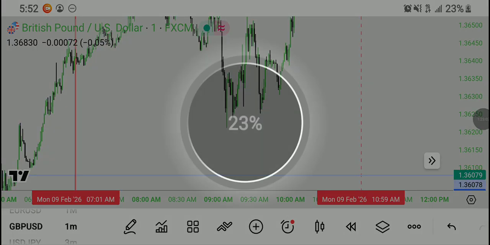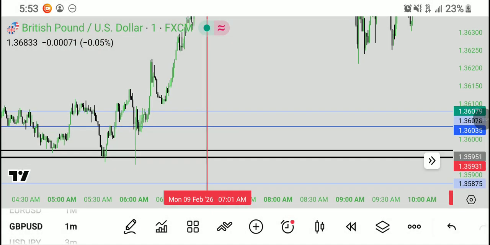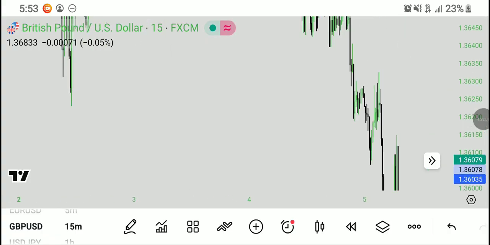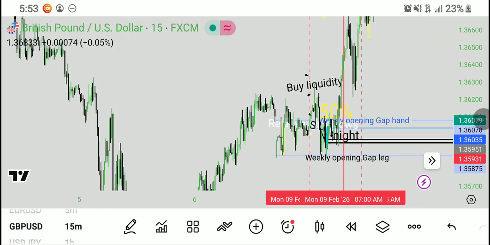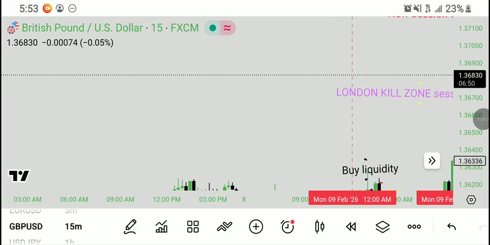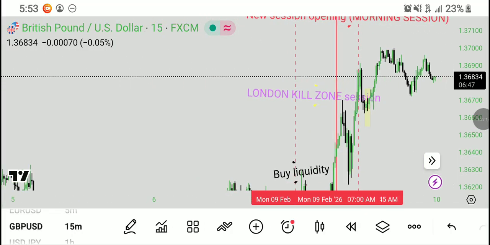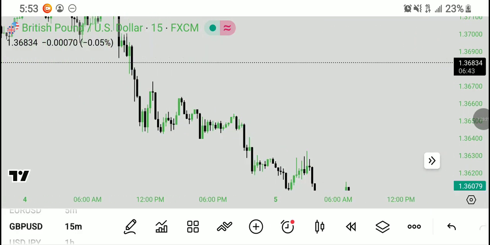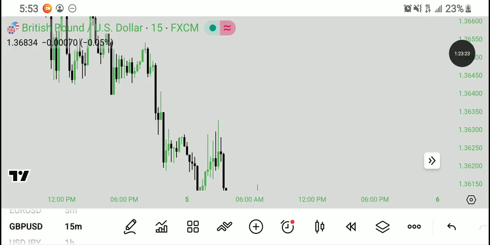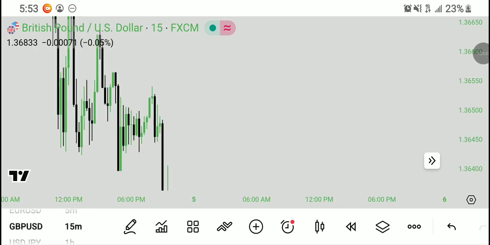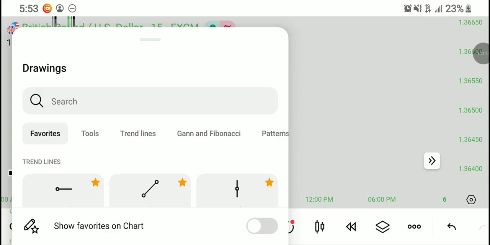If you look at the 15-minute time frame, you will see that there is a relative equal high, and there are multiple gaps the market runs to respect. Here is the relative equal high.